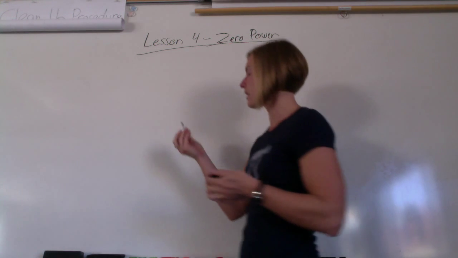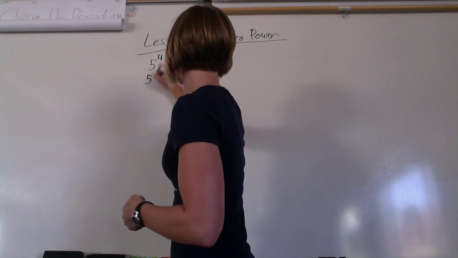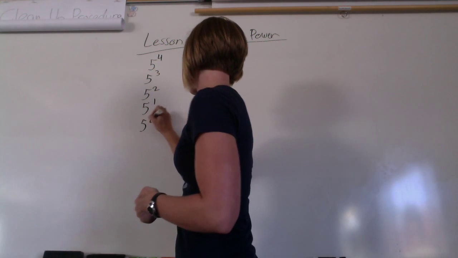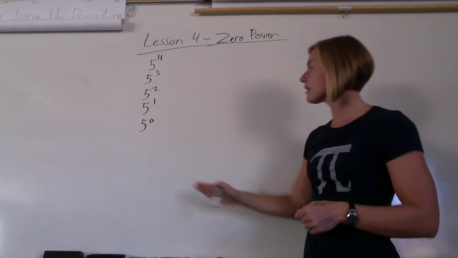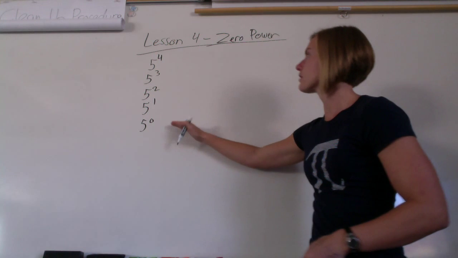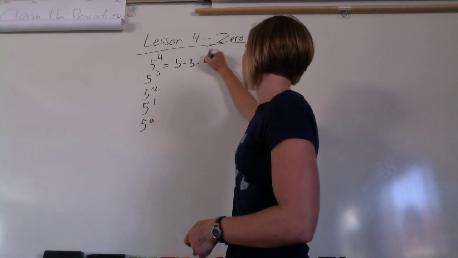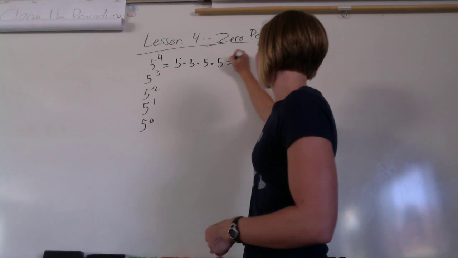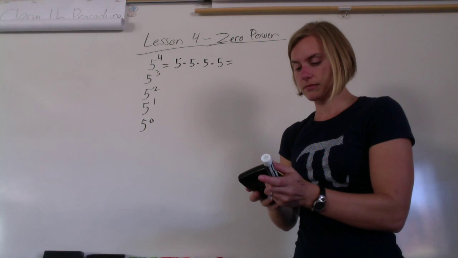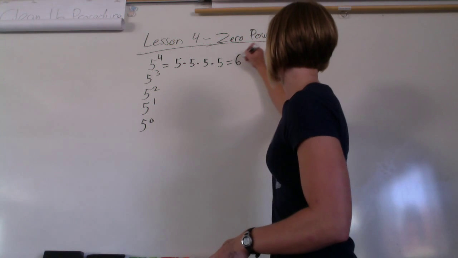So let's say we had 5 to the 4th, 5 to the 3rd, 5 to the 2nd, 5 to the 1st, 5 to the 0. We're going to see what 5 to 0 has to be based upon the rule here. 5 to the 4th means you have 5 times 5 times 5 times 5, which I don't know off the top of my head, so I'll use my calculator, which is 625.